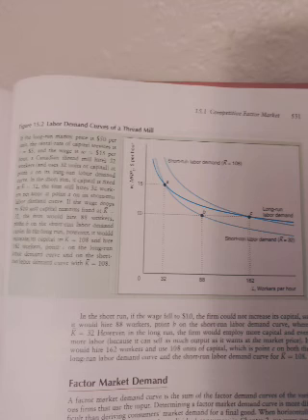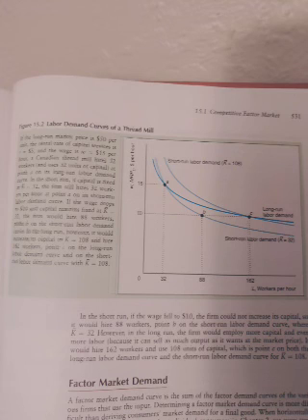In the short run, if capital is fixed at K bar equals 32, the firm still hires 32 workers per hour at point A on its short run labor demand curve.